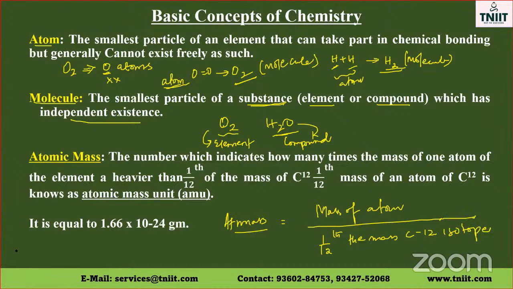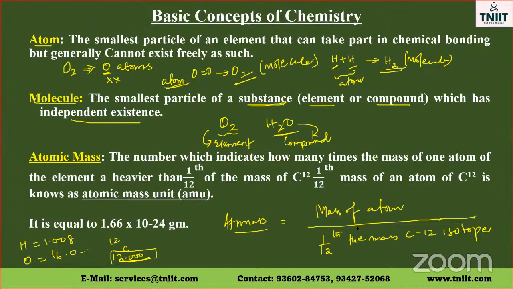In earlier days, they were talking about hydrogen as a standard, but the atomic mass of hydrogen is 1.008. It is not 1. And later, we understood oxygen to be a standard, and it is not 16.0, it is 16 point a fraction. But when we take carbon-12 isotope, the atomic mass of carbon-12 is exactly 12. Therefore, carbon-12 is taken as a standard.